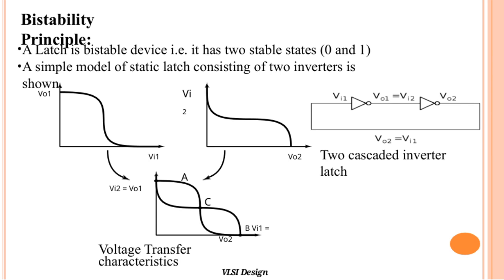These two inverters feed back into each other, creating a stable loop that maintains the state until an input change occurs. The voltage transfer characteristics illustrate how the latch switches between these two states, reinforcing the bistable nature of the device. This principle is crucial in VLSI design, where reliable memory elements are essential.